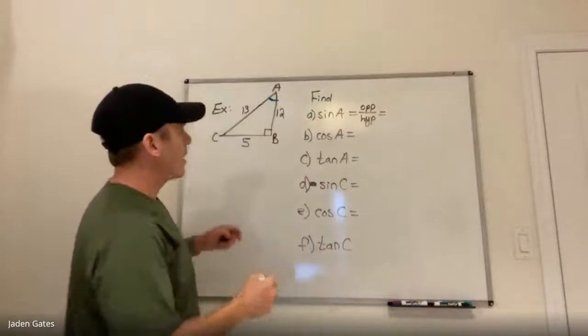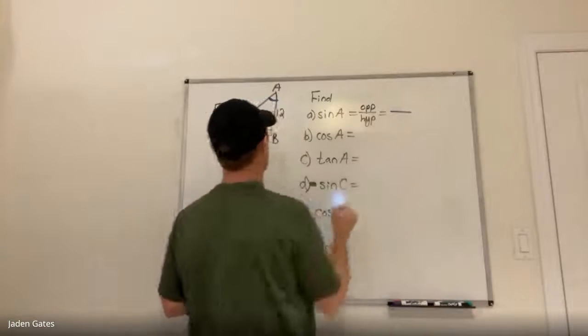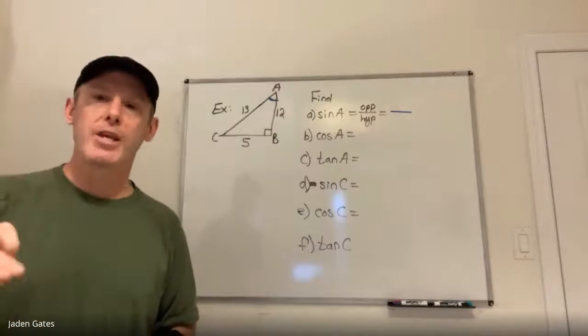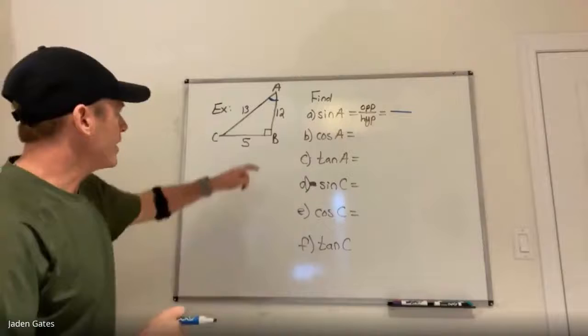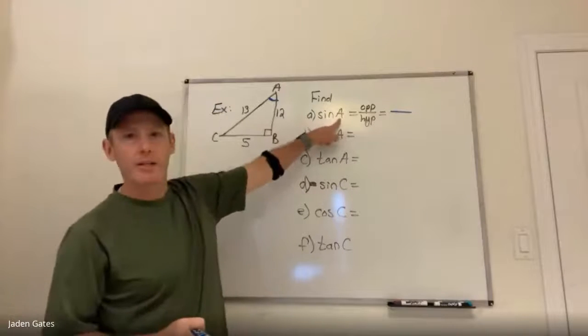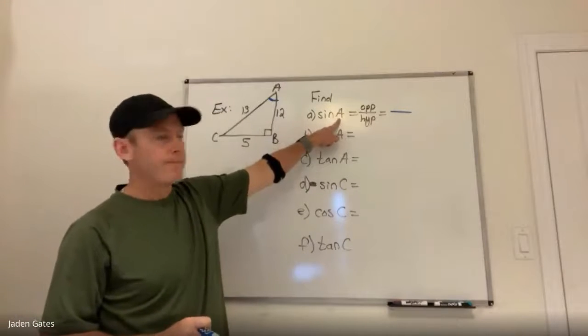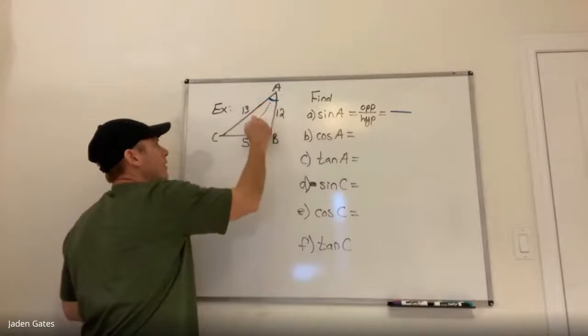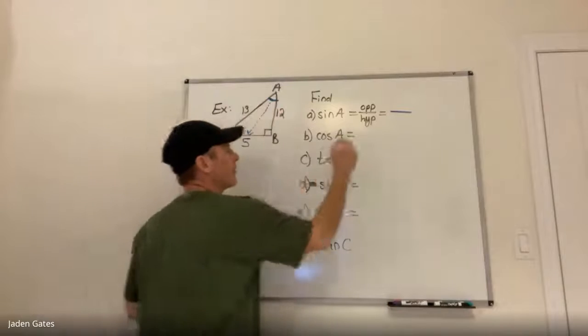Now, I'm looking for the opposite. And again, the opposite is the side that is across from the angle you're looking from. In this case, this A is telling us what angle we're looking from. Now the side across from that angle is 5.